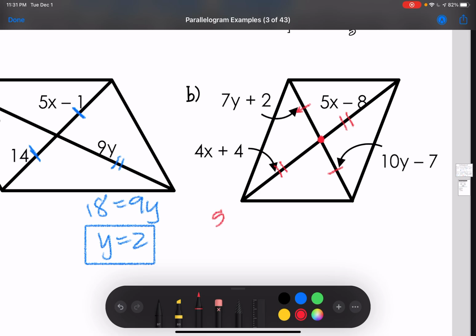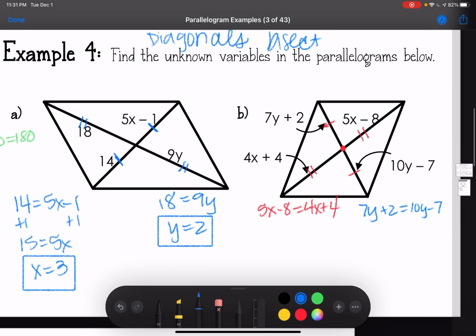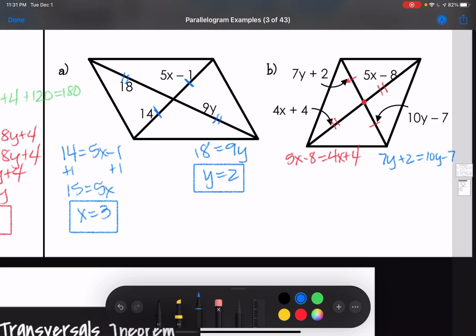So we can get 5x minus 8 is equal to 4x plus 4. But you can also get 7y plus 2 is equal to 10y minus 7. And you could solve for both x and y by setting up your equation from here.